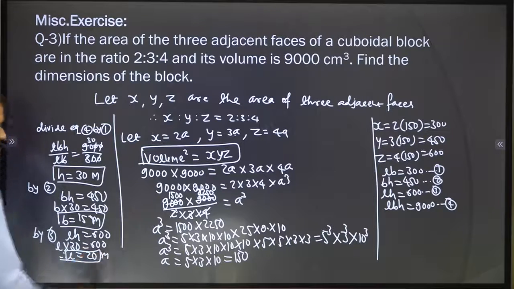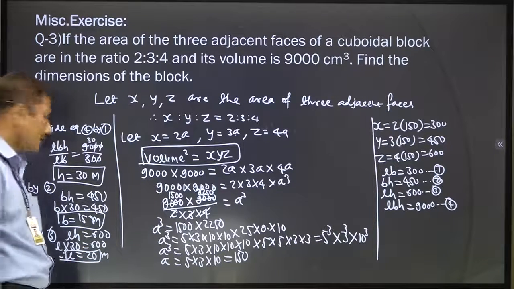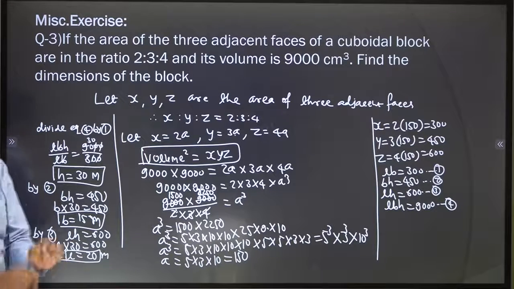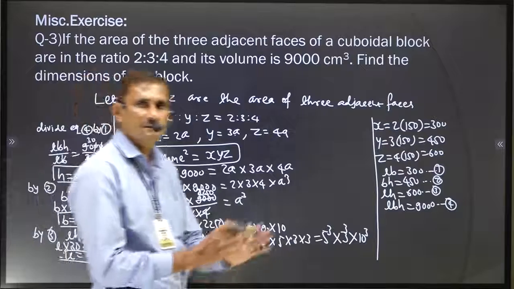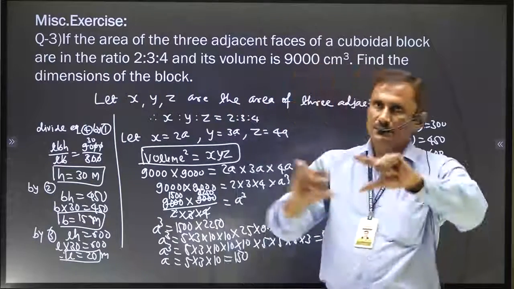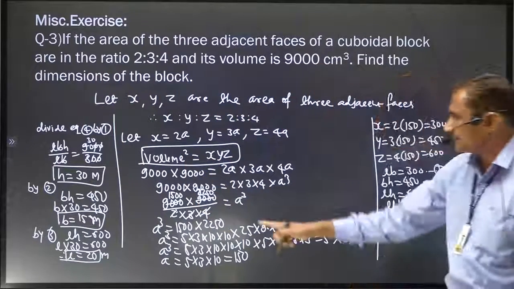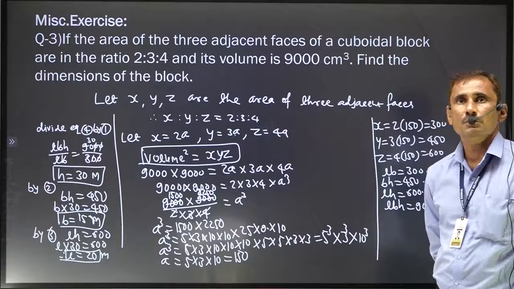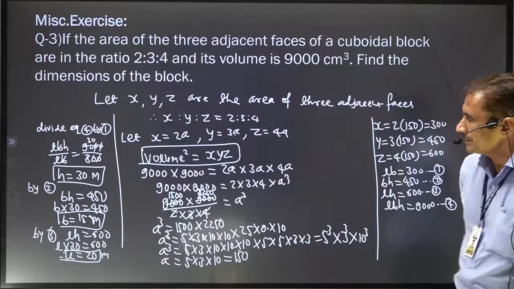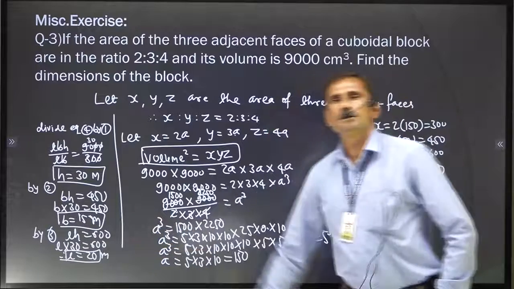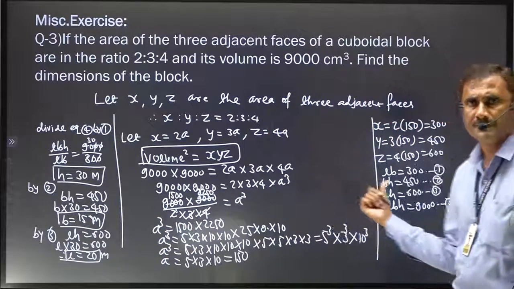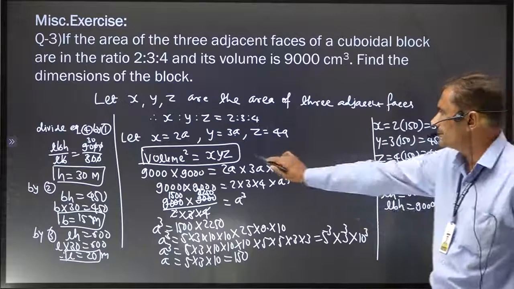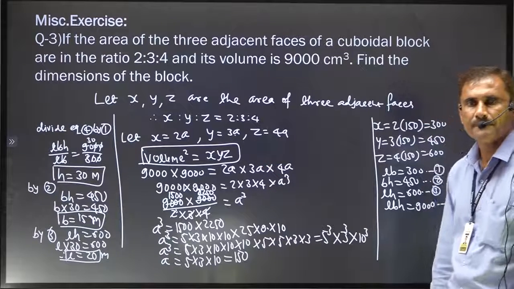So at last you can say, therefore, the dimensions are 30 meter, 20 meter, 15 meter. Don't specify which is length, which is breadth, which is height. Just give all three together. So understand well. This is quite a different type of question and we use that result here also.